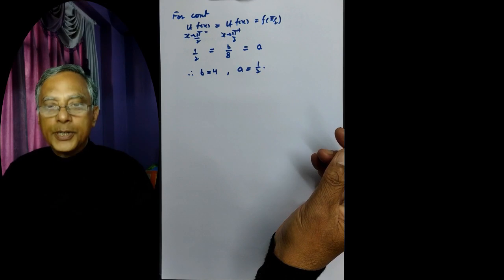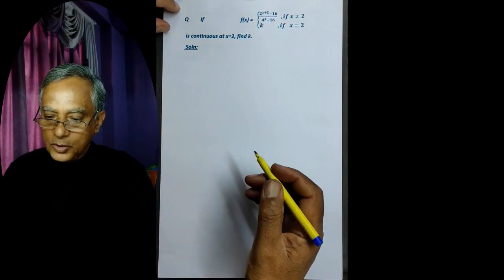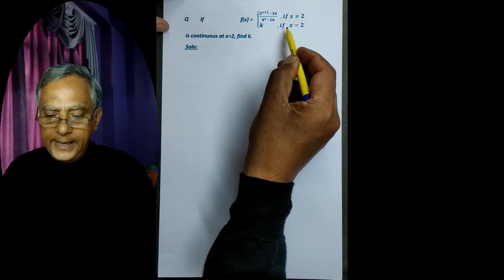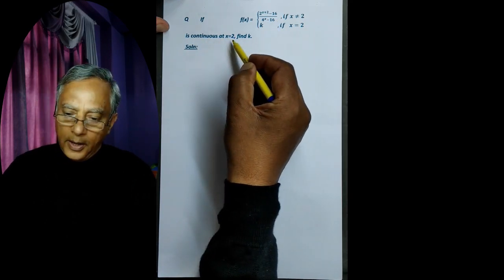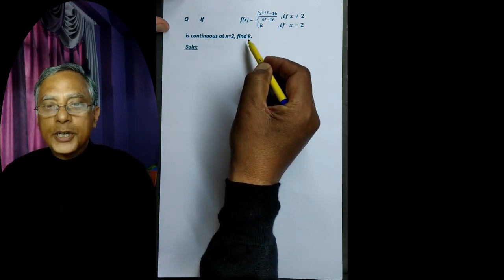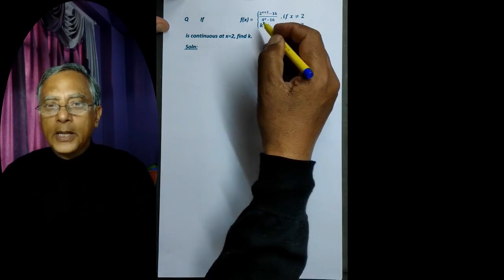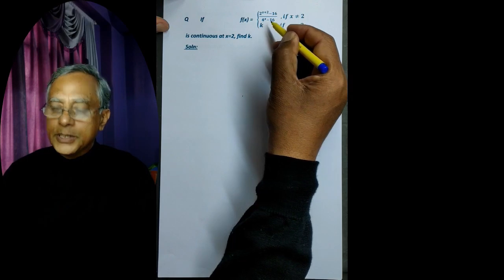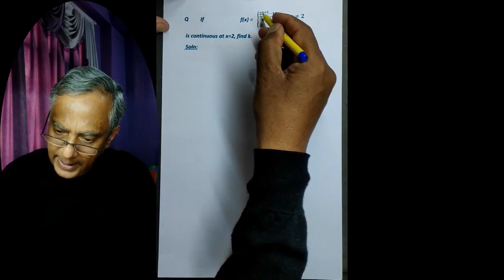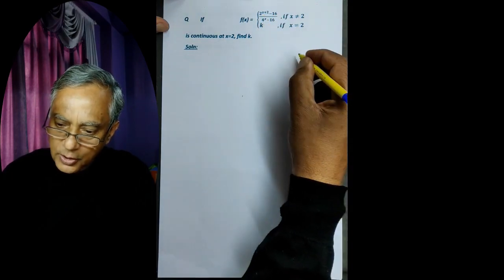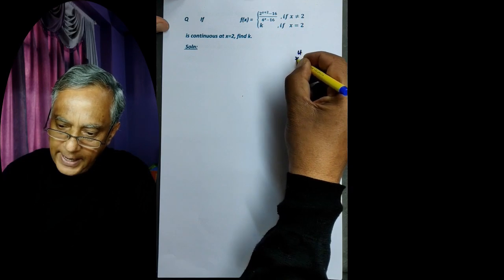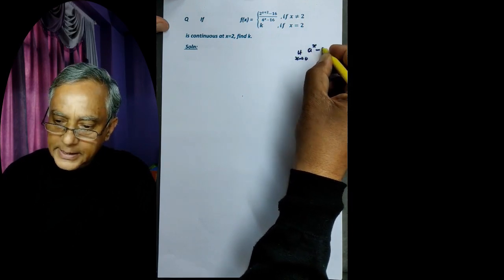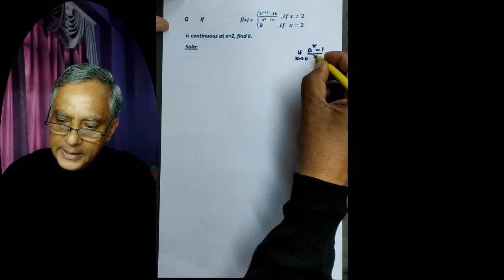Now the next question is, if f(x) is equal to this much, is continuous at x equal to 2, find k. Now in this question, the formula that will be used is, we can see from the form of the question, limit x approaches 0, a to the power of x minus 1 whole divided by x, this is log of a.